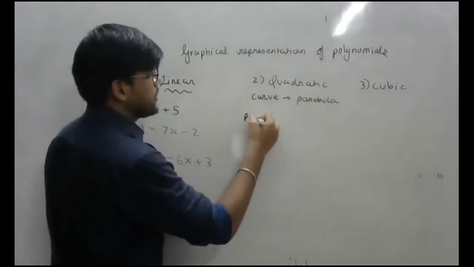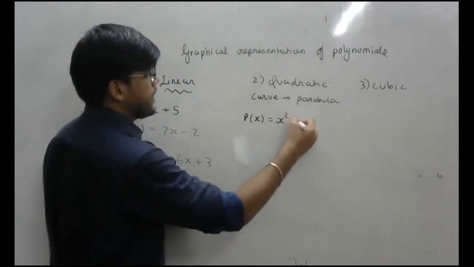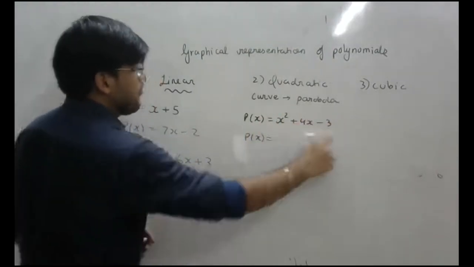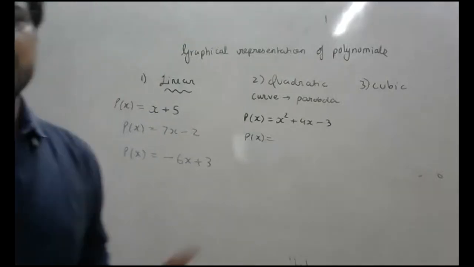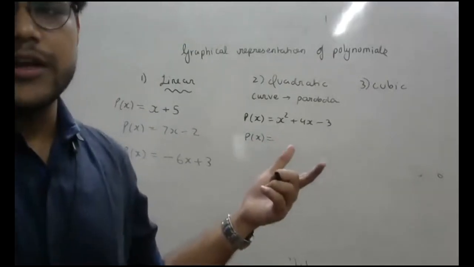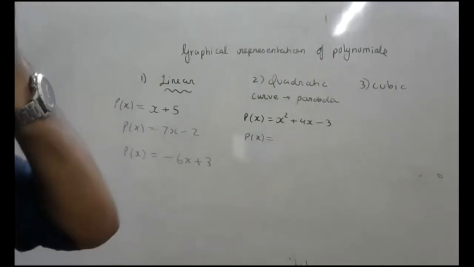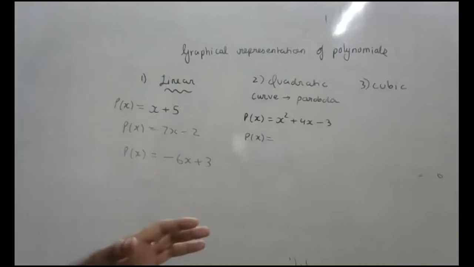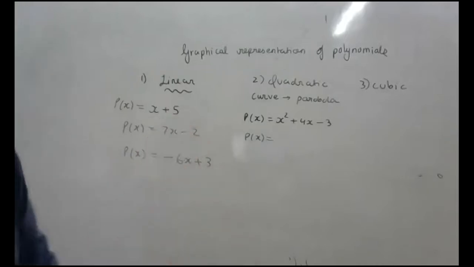Suppose your quadratic polynomial looks like x squared plus 4x minus 3. Anything. What your values are won't matter as long as the degree is 2; then we can call it a quadratic polynomial. It should have all the properties of a polynomial and the degree should be 2.